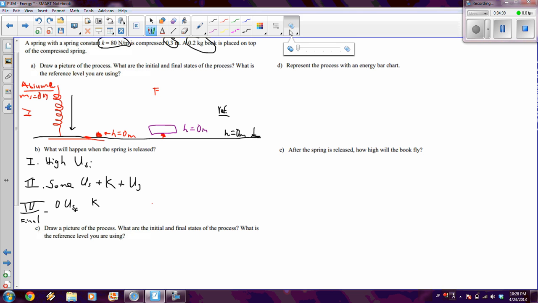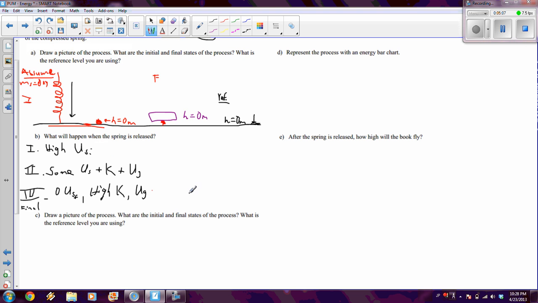So if we want to actually write that in here, high kinetic energy. And we're also going to now have a higher amount of gravitational potential energy because it will be higher above the ground.